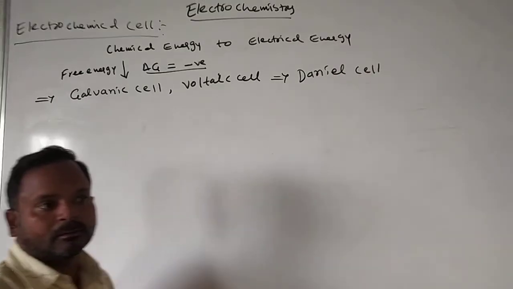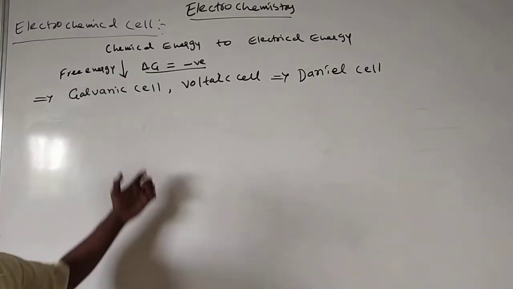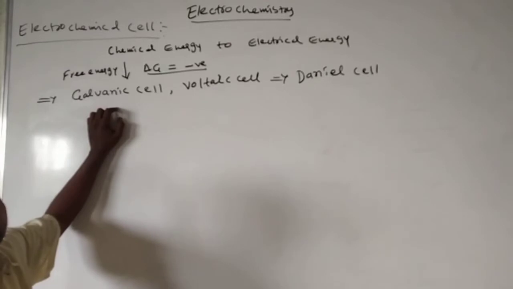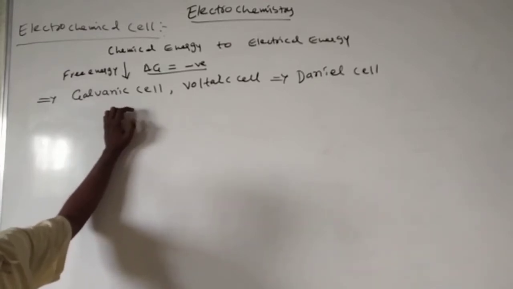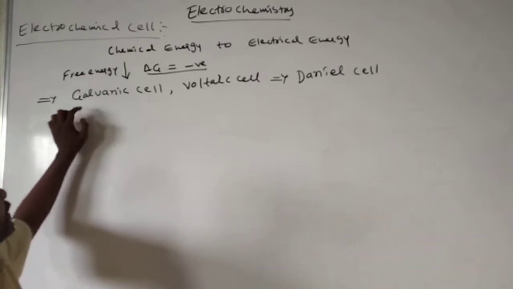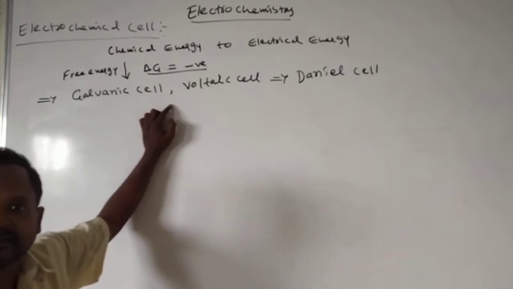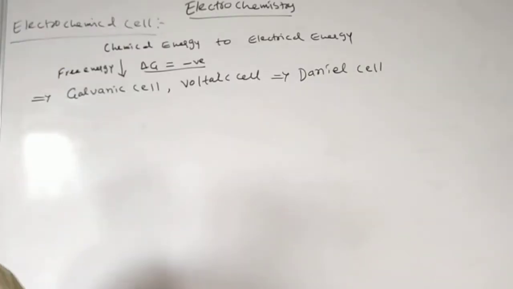Daniel cell is also nothing but a galvanic cell. All are the same. When we use zinc as one of the electrodes, we call it a galvanic cell. Galvanic means zinc.